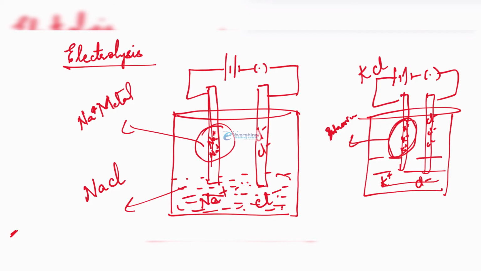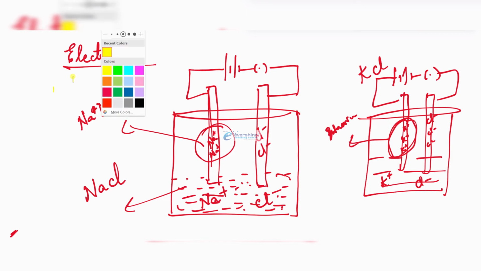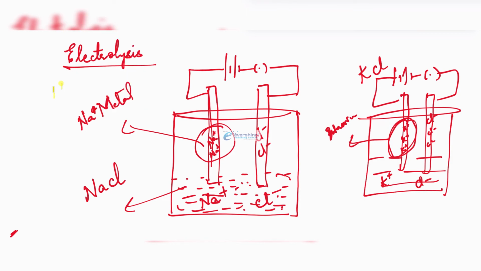Then we need to study which method I told for the top reactive elements. I told electrolysis, right? Electrolysis means we should take its solution. For example, if we want to extract sodium, we should take sodium chloride solution and pass the current using graphite rods. This is a graphite rod, and this is also a graphite rod.